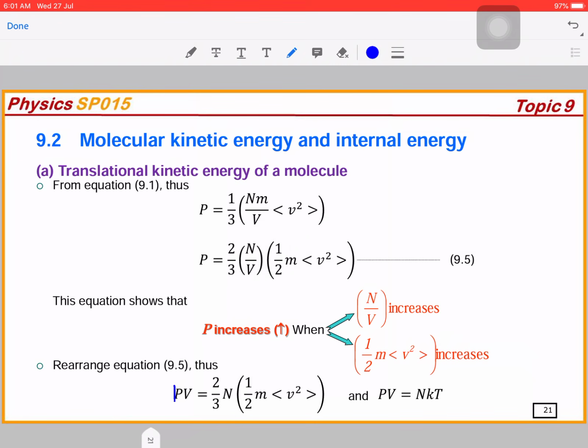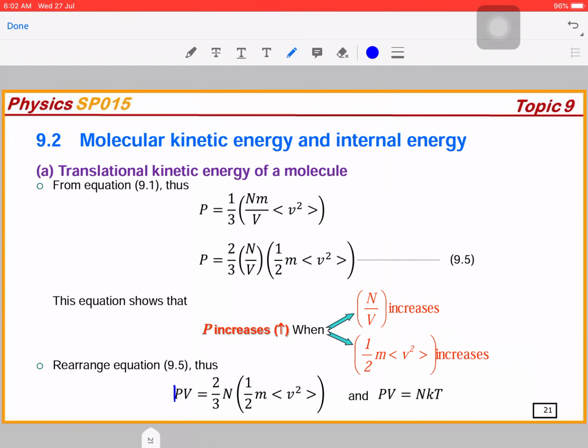We know that pressure P will increase when N over V increases, and also when half mv squared increases. N over V is the number of molecules per volume, and half mv squared is the kinetic energy.